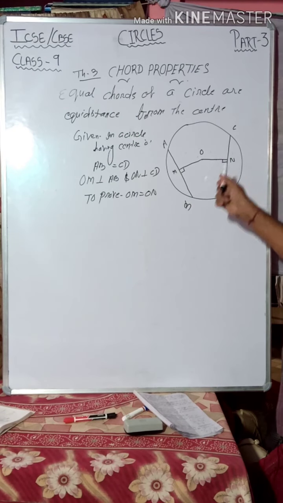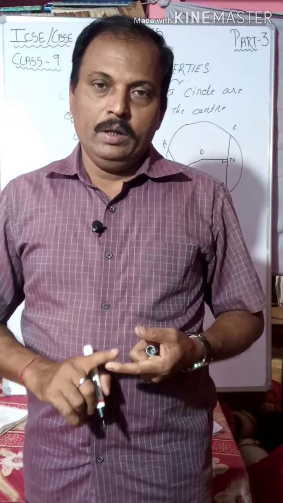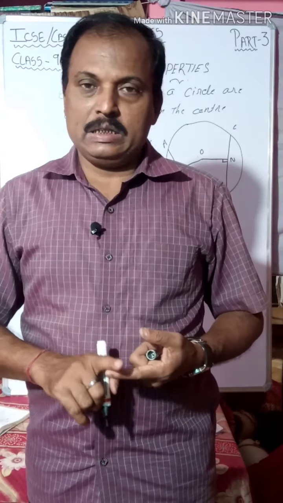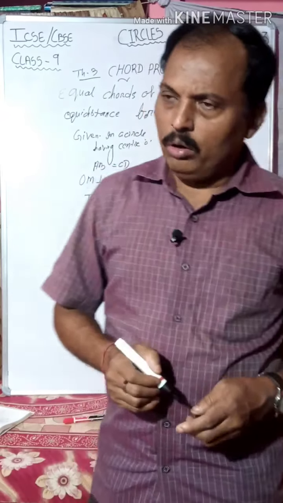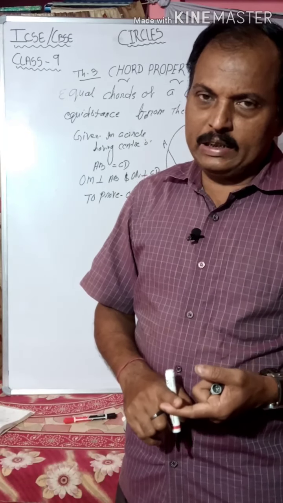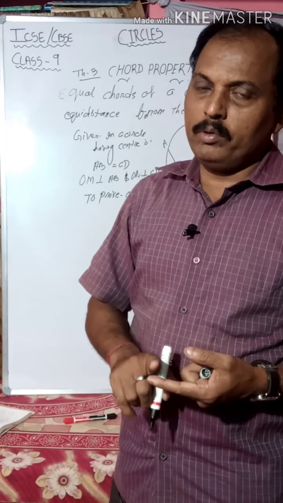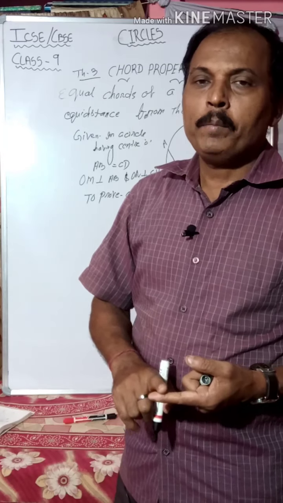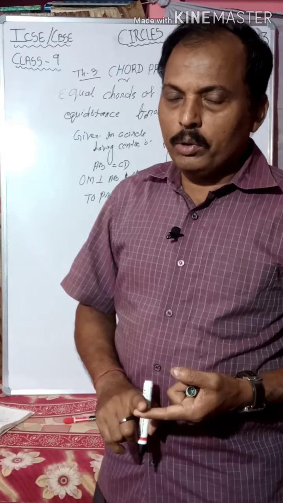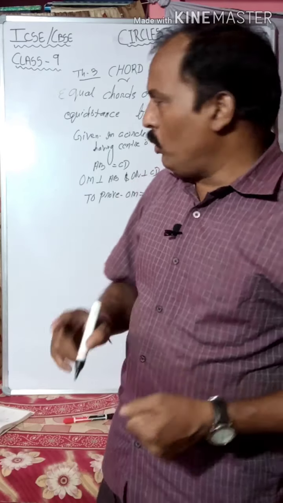Because as two chords are equal, they are equidistant from the center. So we take a circle with the center O and take two chords AB and CD which are equal, AB is equal to CD. Then the distance from AB to center O, that is OM, is perpendicular to AB and ON is perpendicular to CD. Then we have to prove OM is equal to ON.